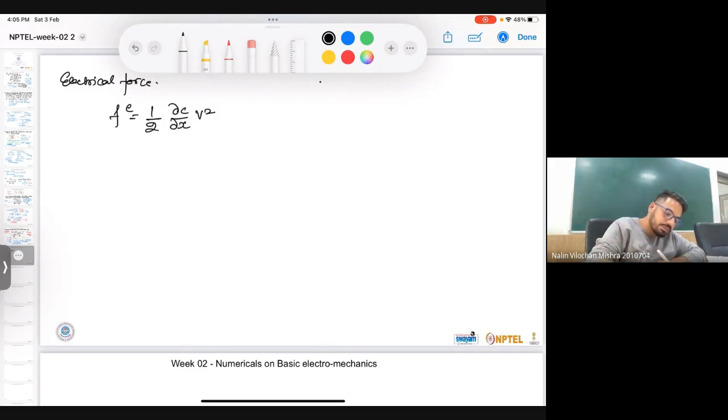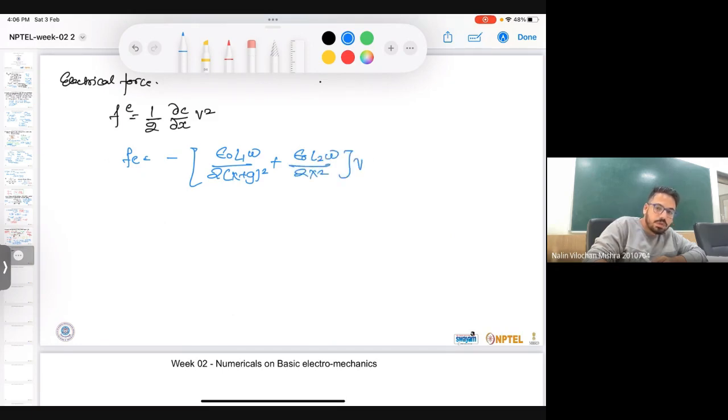So you need to differentiate the capacitance with respect to x, and after doing it, the answer will be Fe equals minus epsilon naught L1 W by X plus G whole square plus epsilon naught L2 W by 2X square, V square.